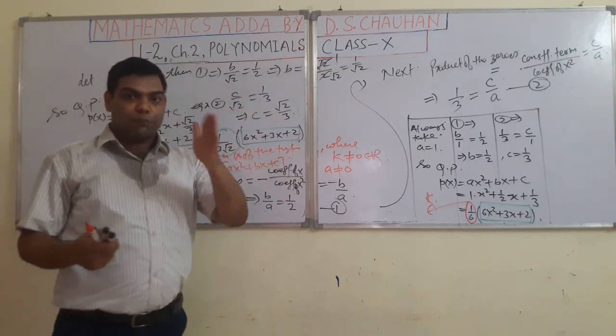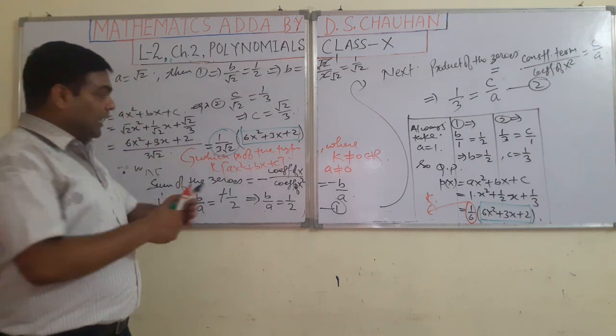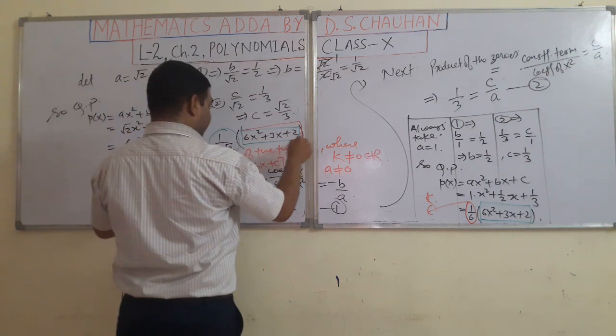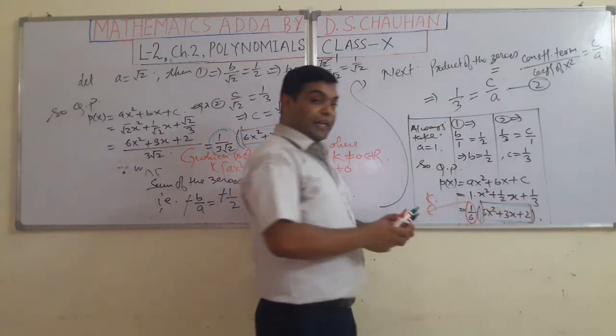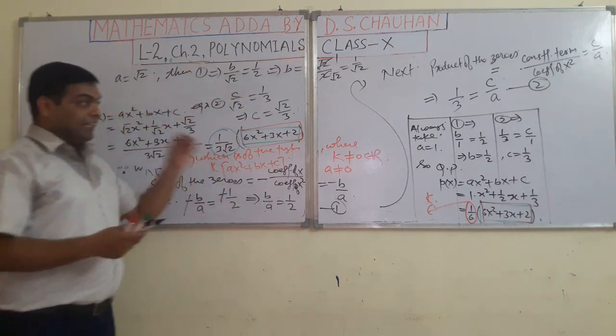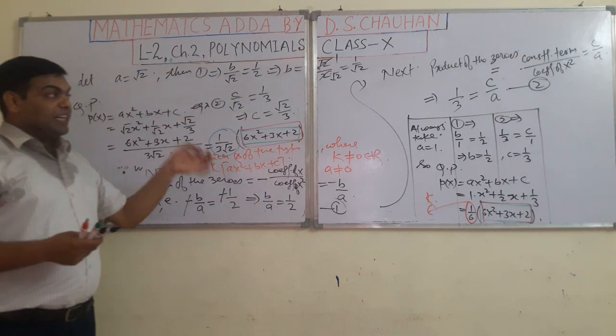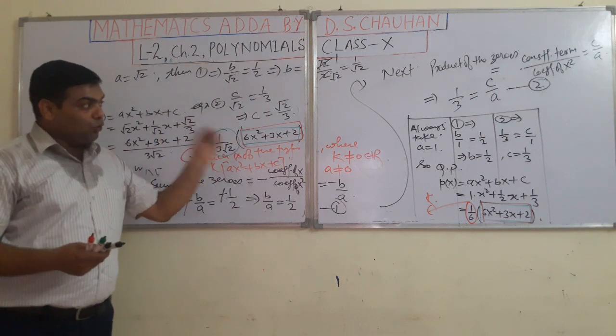The question is, are both correct? Yes, both are correct. Only one thing will matter: this portion must be the same after simplification. So either a student is writing this or another student is writing this, they all are correct.